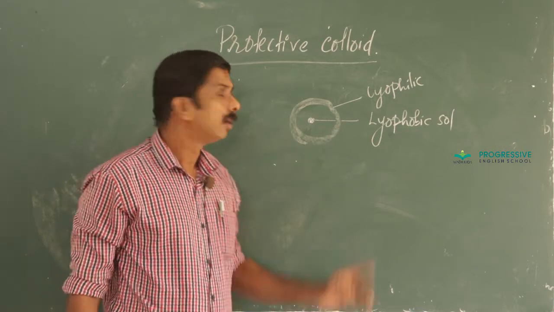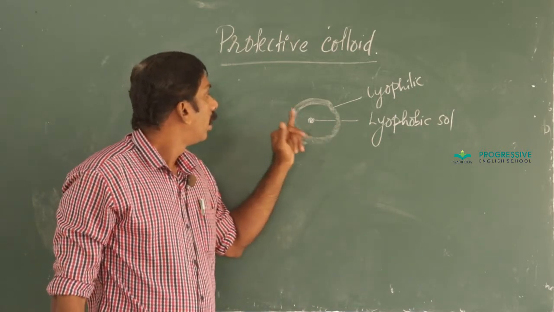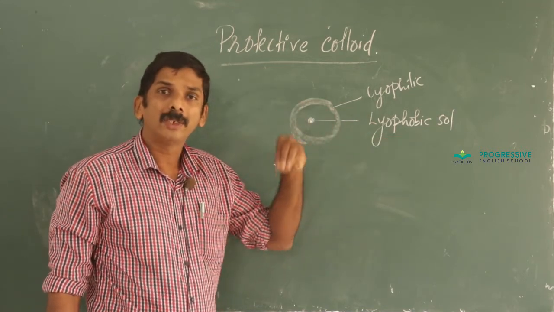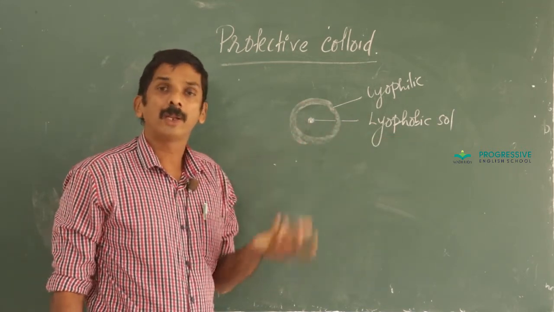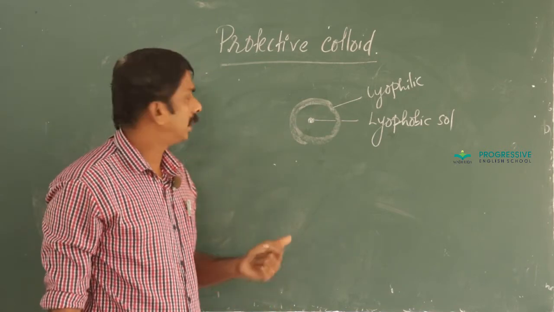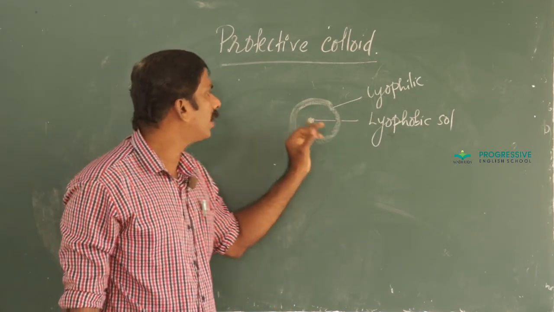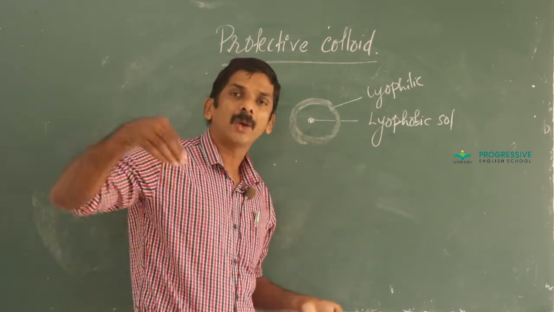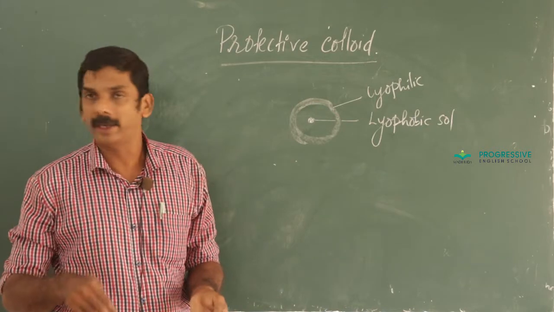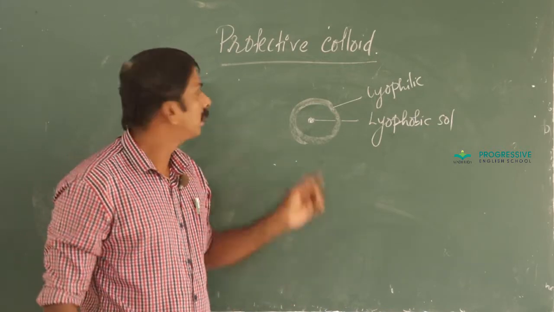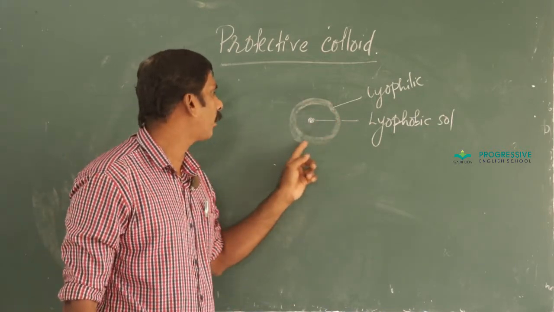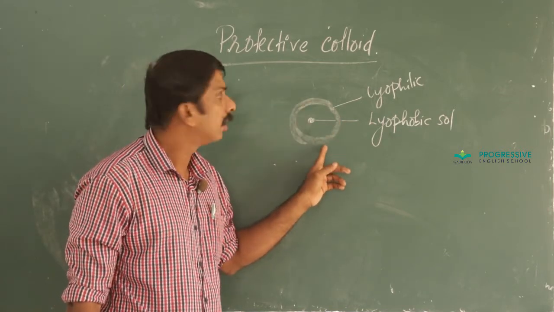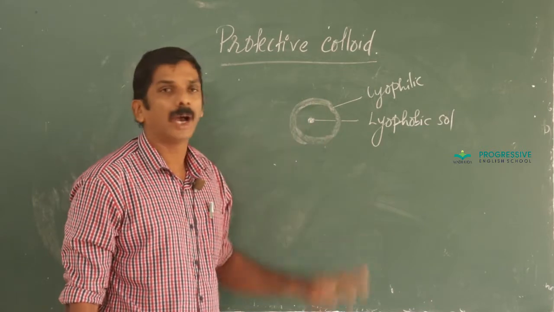Okay, clear? This represents lyophobic sol. If we add an electrolyte directly to this lyophobic sol, immediate coagulation will take place. And in order to prevent the coagulation, some lyophilic sol is added. This lyophilic sol makes a protective layer over the lyophobic and prevents its coagulation.